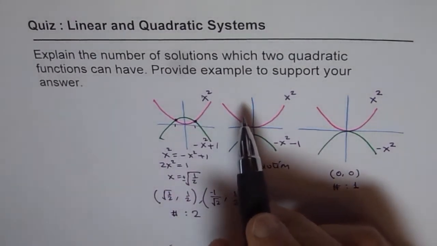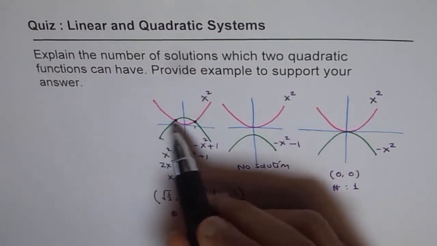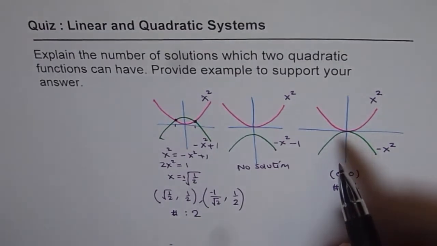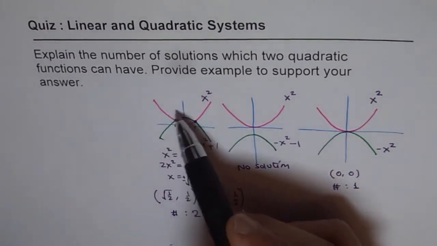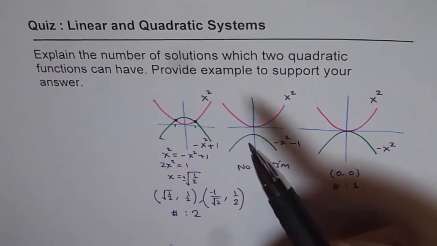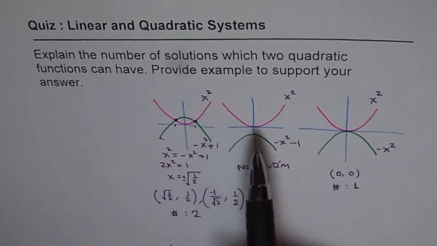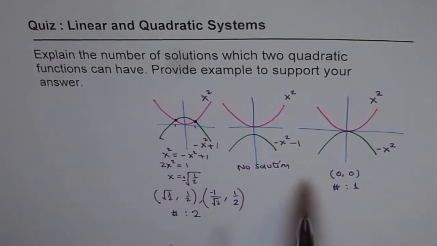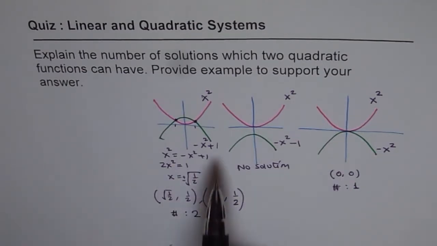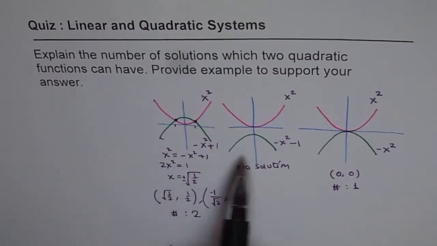Now what happens if I move it further up? Well, the number of solutions doesn't really change, and it will intersect at two points, right? So these are the options when we are dealing with two quadratic functions, correct? So that is how we can explain with the help of an example how they can interact with one another.